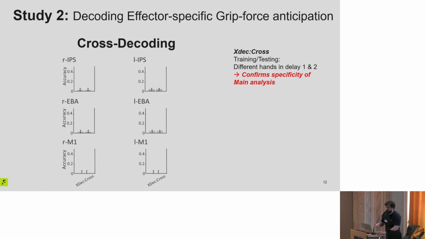In other terms, whether the grip force intensity was prepared with the two hands in an effector-independent code. We did the same analysis in a searchlight, but for simplicity, here you can see prediction accuracy values extracted from the peak voxel taken from the main decoding analysis, which were tested with repeated measures t-tests, Bonferroni corrected. And you can see that no peak voxel from the main decoding analysis shows above-chance decoding.